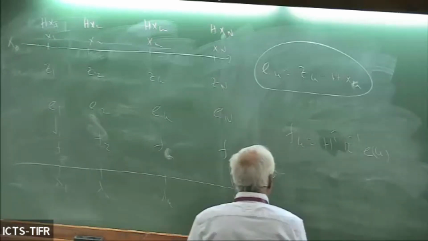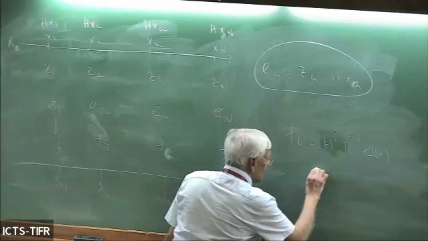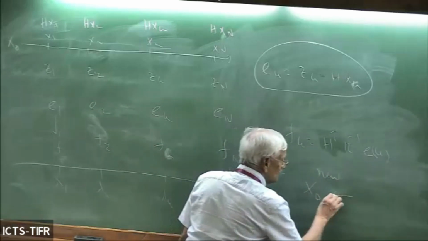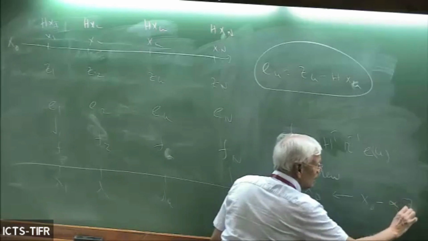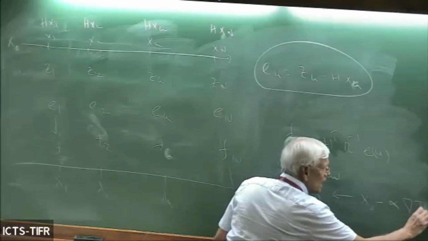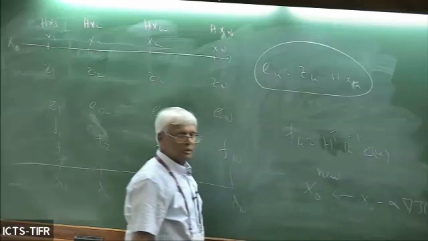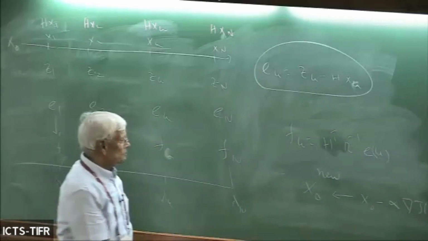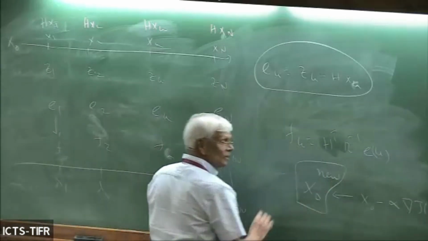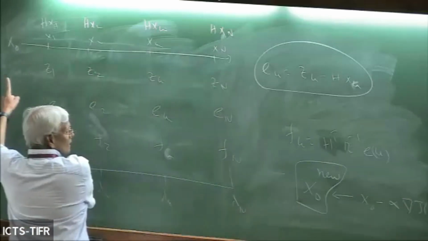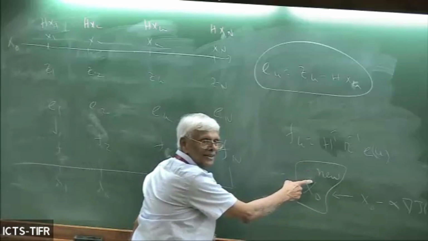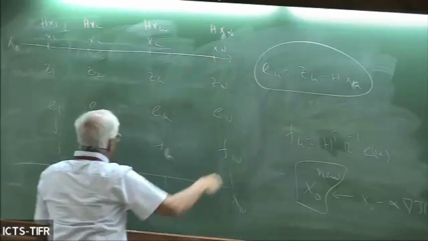Then what is it that you do? You want to get x naught new, which is equal to x naught minus alpha times the gradient of J at x naught. So you compute the new. Then start the model from the new, go, come back. Compute another new. Go, come back, another new.